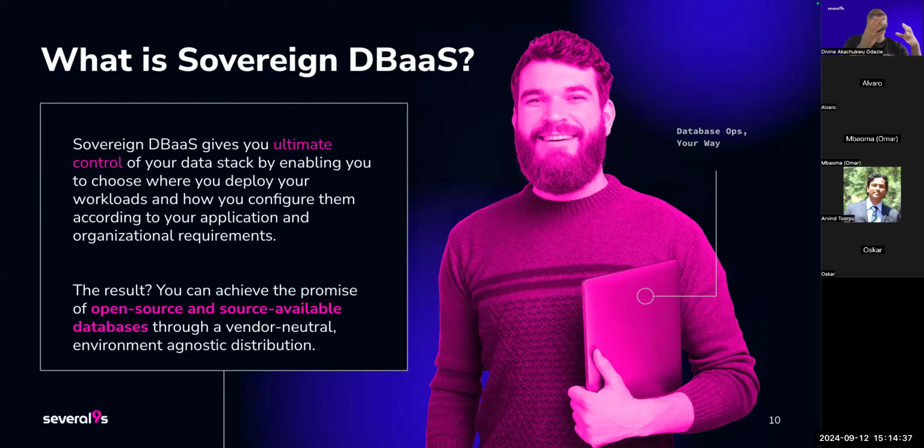If you want to migrate your data, yes, you can migrate your data across clouds and on-prem, but that requires some expertise and effort. Sovereign DBaaS works through a vendor-neutral environment, vendor agnostic, in the sense that it's not tied to any particular thing. So that is what Sovereign DBaaS is, to have control of your DBaaS.